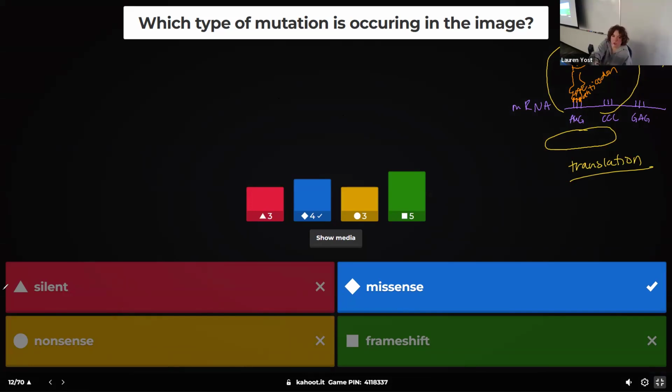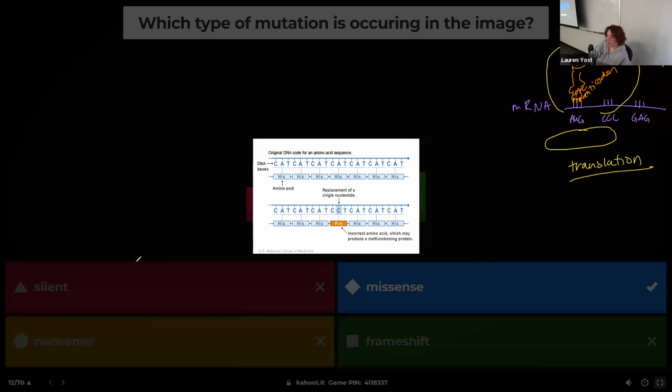And in the picture that we saw here, we saw CAT turn into CCT. And instead of coding for histidine, we're now coding for proline. So what this means is that if our original is CAT, and we're going to go through all of them. That's why I'm kind of writing this one down, okay?